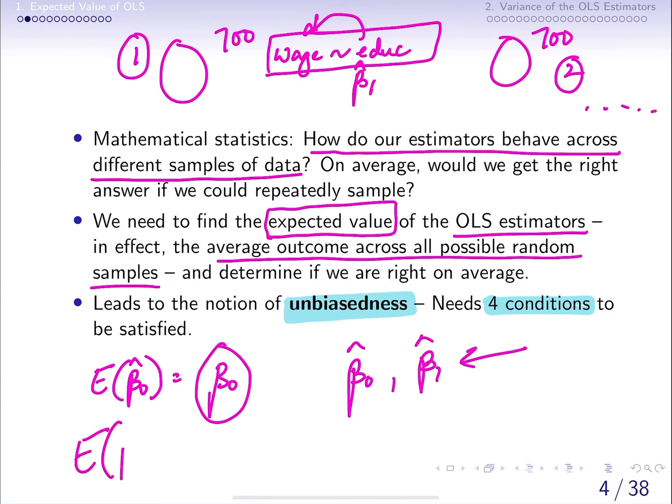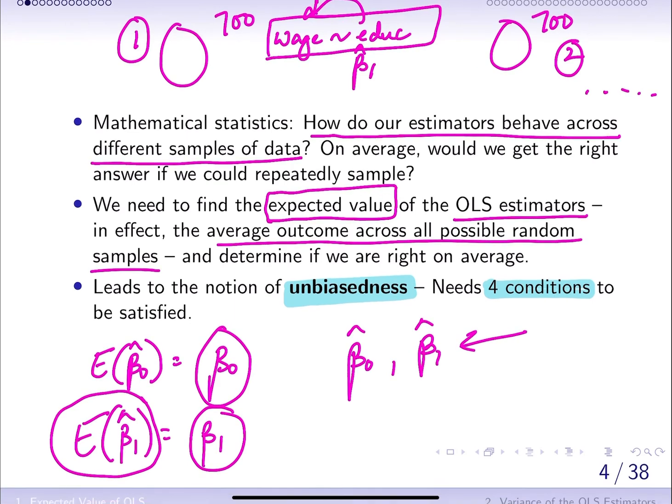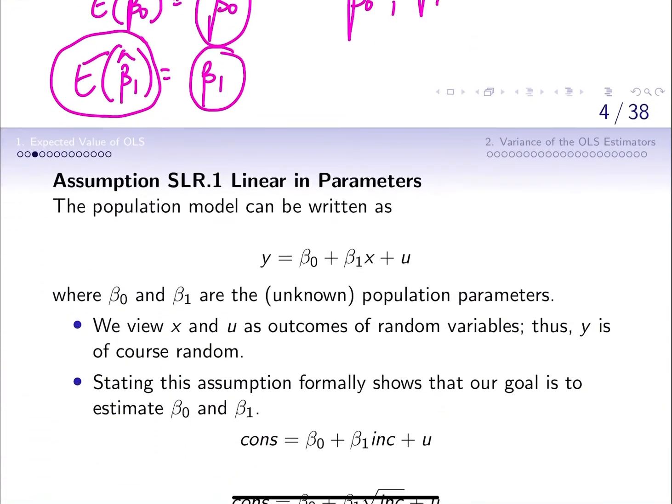And similarly, the expected value of beta 1 hat equals beta 1 is saying that if we took the average of these estimators in different samples, that should be equal to what this relationship between x and y is in the population.